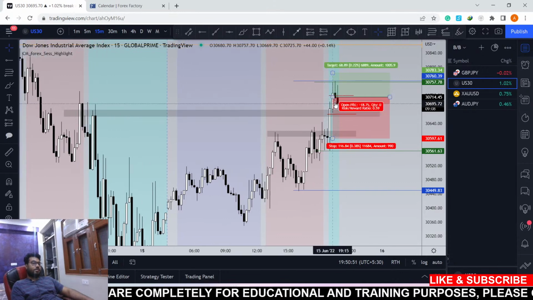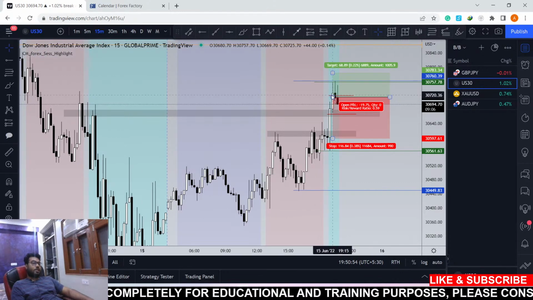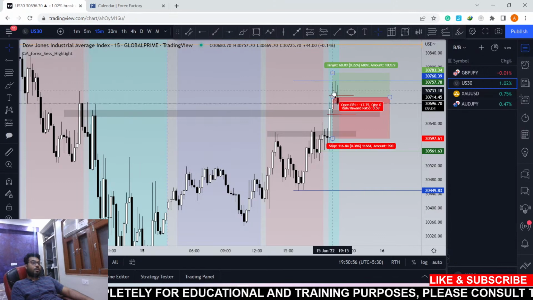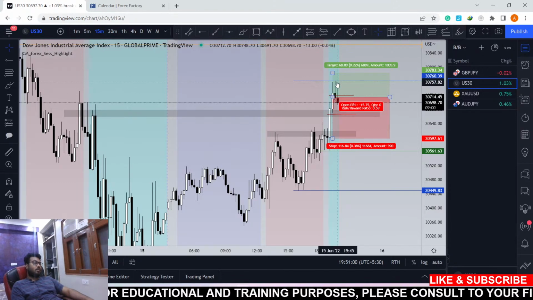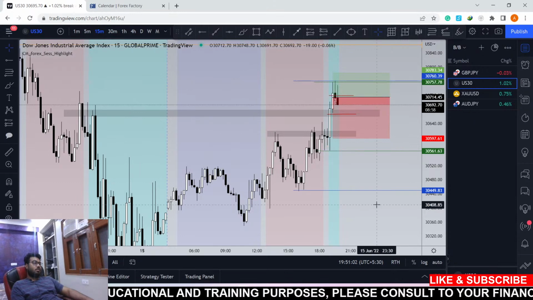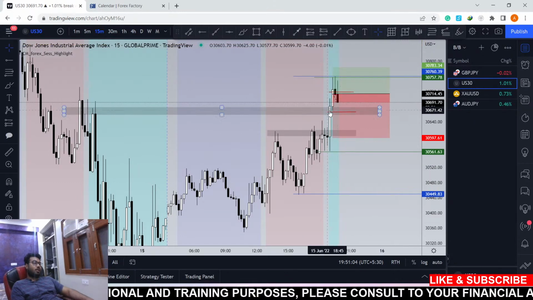This is the reason why I exited it at around breakeven, because it rejected once, rejected twice, so there was a high chance that it would come down and take your stop loss.